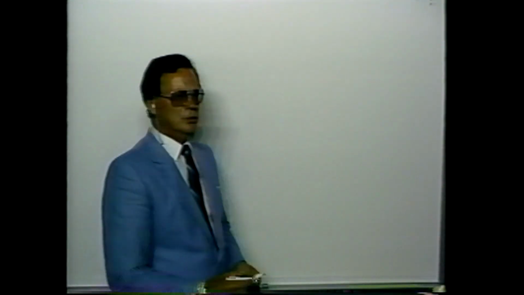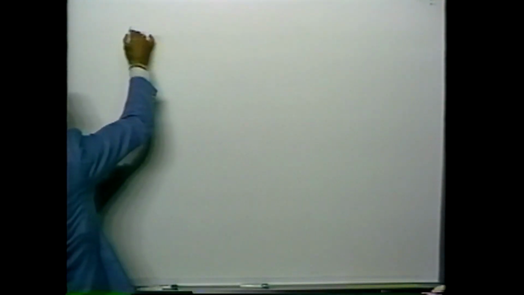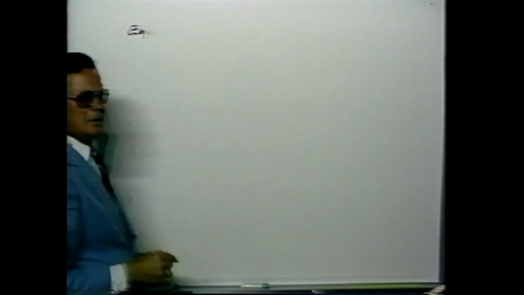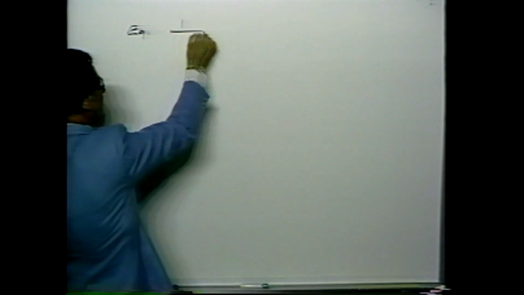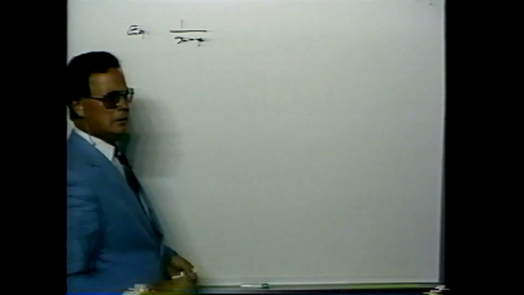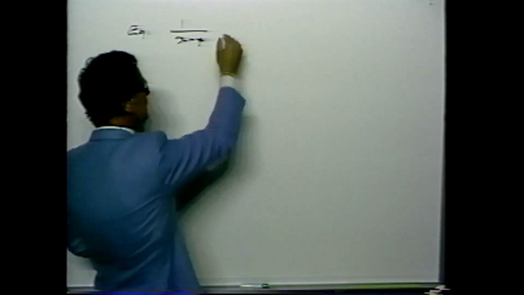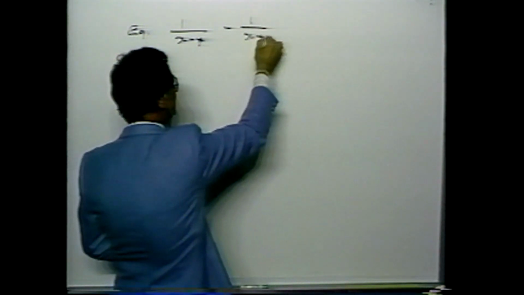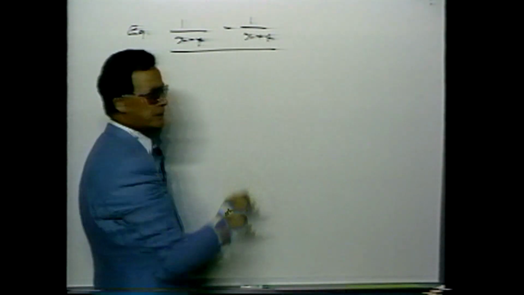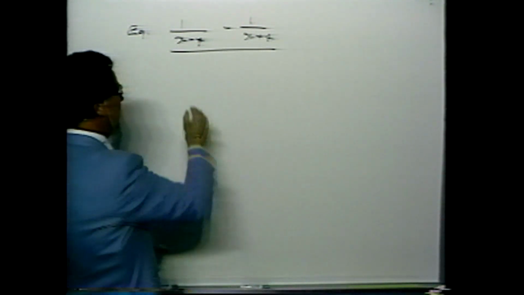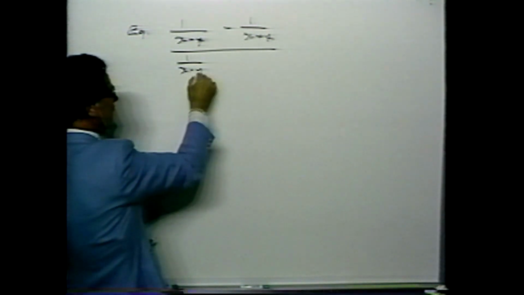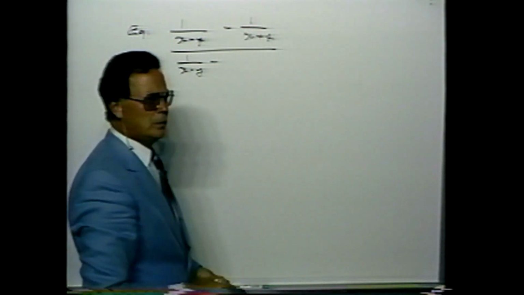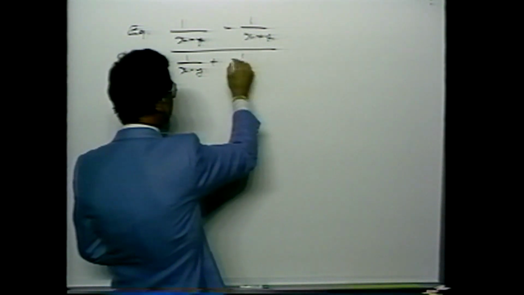And finally, in one more example that I did earlier, using the division method, we have 1 over x minus y, followed by minus 1 over x plus y, over 1 over x minus y and plus 1 over x plus y.